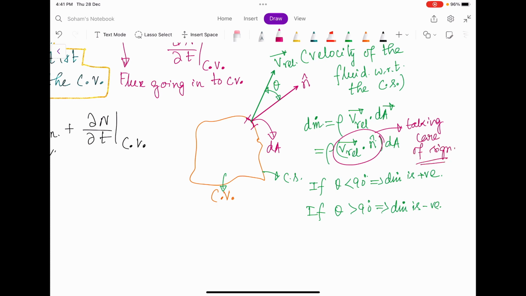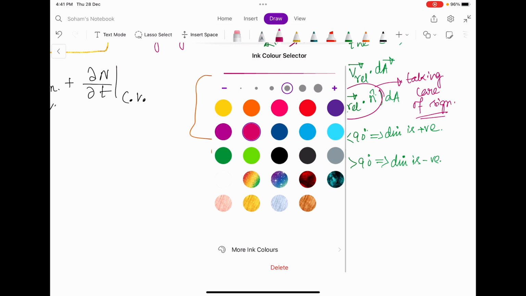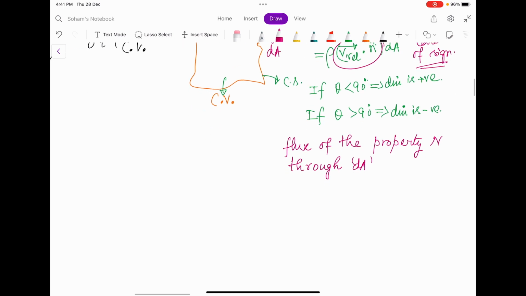So if this is clear, then the flux of the property n through dA, this elemental surface element, will be as follows.